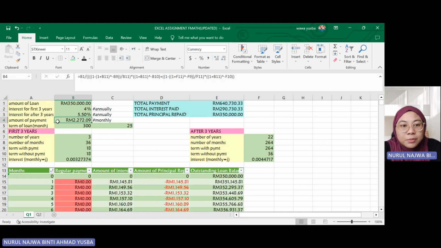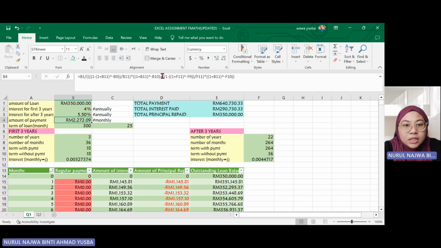Here's the amount of payment I calculated using Excel, but not using the functions in Excel. I just do the calculation in Excel, and then I got 2272.09. Just use the basic formula, but derived from the formula.